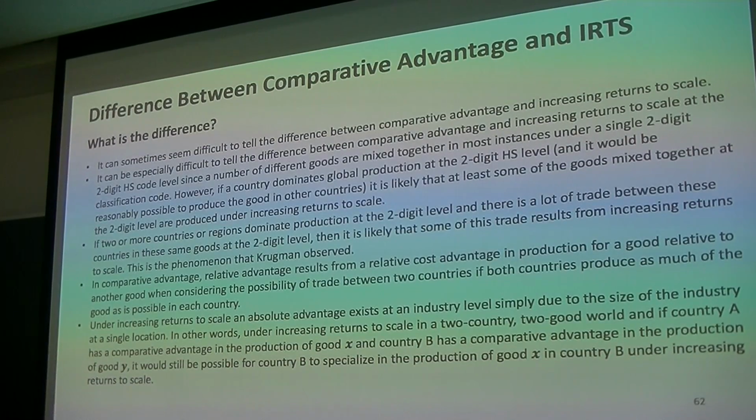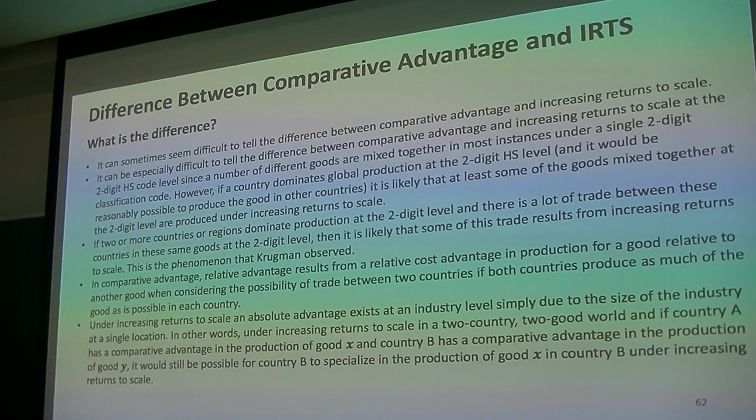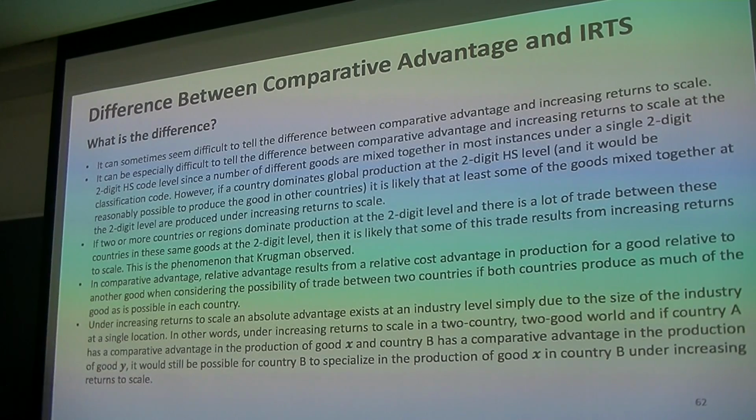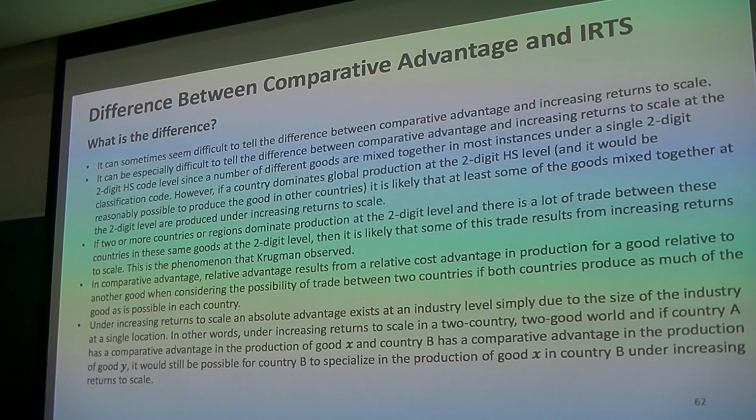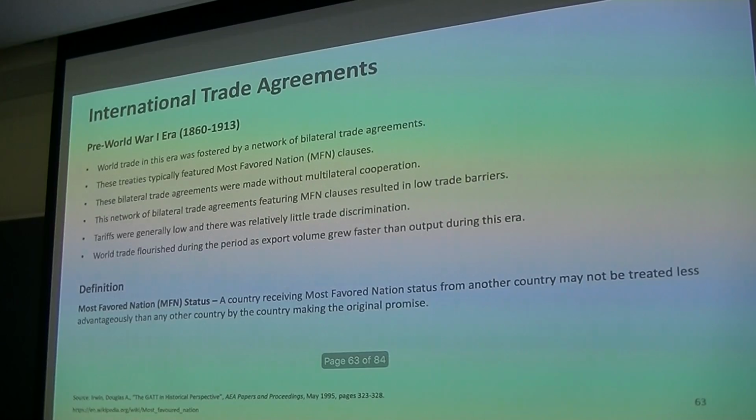That's possible, and that's part of why there can be a bit of confusion. It may seem confusing, but ultimately the increasing returns to scale are at a local level. So we'll go more into that later. But for today, we're going to talk about international trade agreements.